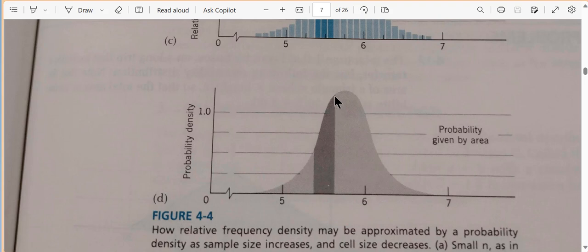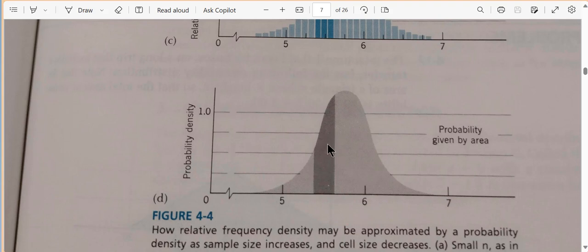What I can do is say, how many people are between here and here? It turns out that's represented not by the height of this or the height of this, but by the area under the curve here.